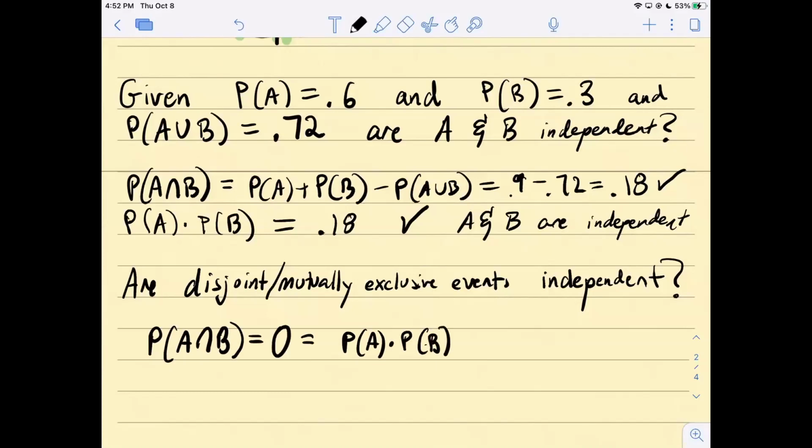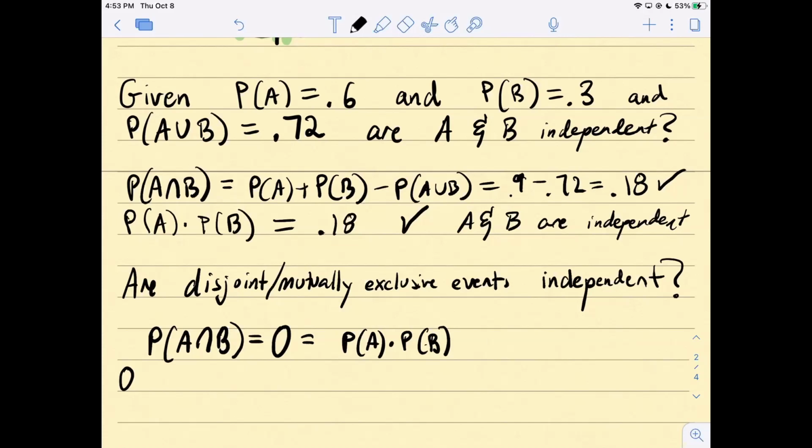Exactly, good. So this is a really common true or false trap. Disjoint events are never independent. They're usually not independent unless one of the events has a 0 probability.